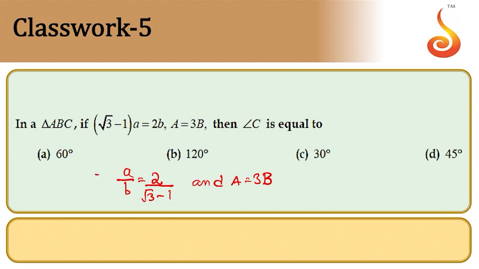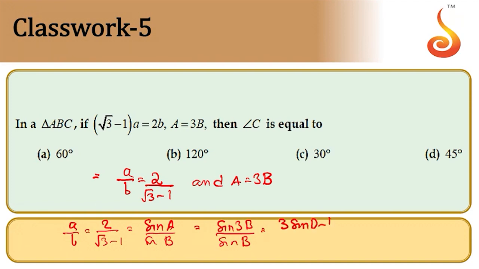So this is nothing but A by B is 2 by root 3 minus 1, equal to sin A by sin B. But what is A? Sin 3B by sin B. What is sin 3B? 3 sin B minus 4 sin cube B, by sin B. So finally we get 3 minus 4 sin square B is equal to 2 by root 3 minus 1. From that we get the value of sin square B.